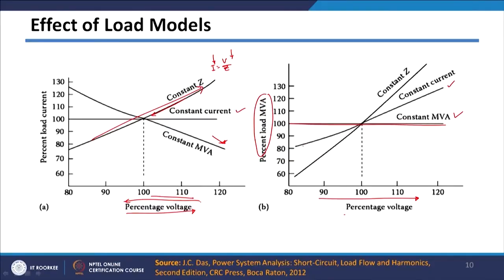So the change for a constant current load will be something like this: as we increase the voltage, since the current is constant, the power will increase. In case of a constant impedance load, it is proportional to voltage squared, so whenever the voltage changes, the power will change accordingly.